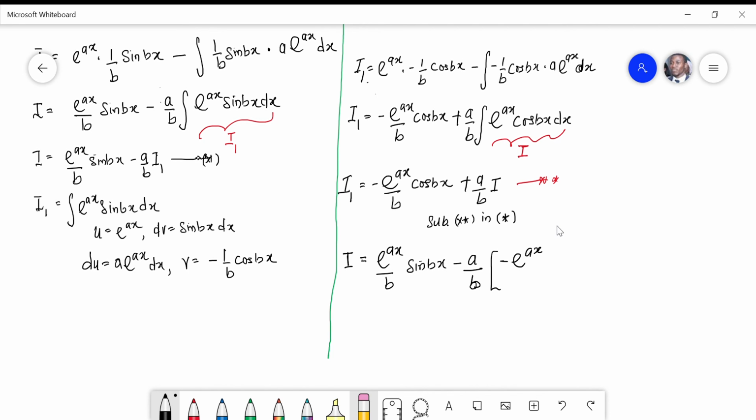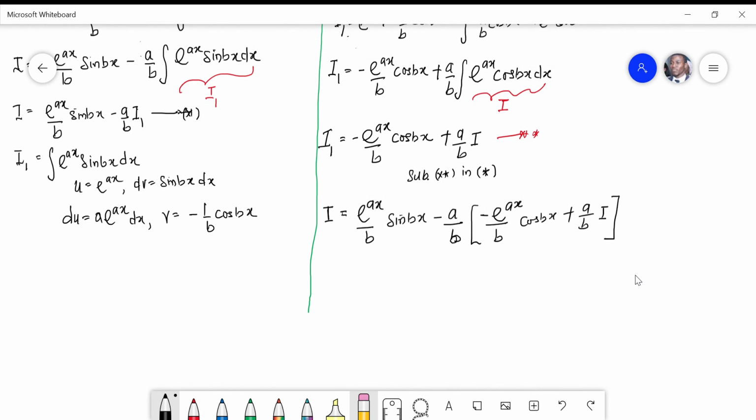So we have our I to be e to the power of ax over b sine bx minus a over b, then this is going to be this plus. So we have our I. Now we can just expand this.